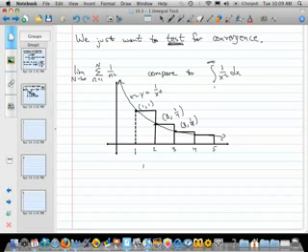All right, so the area of these boxes, if I add them all up, the width of each box is 1, and the height of each box is given by the y value.